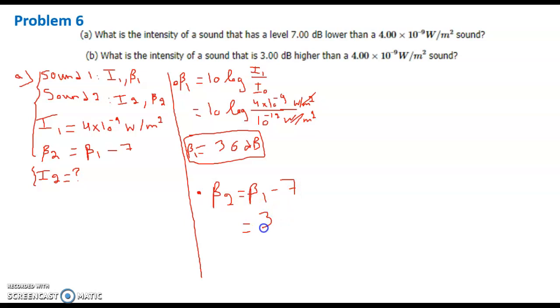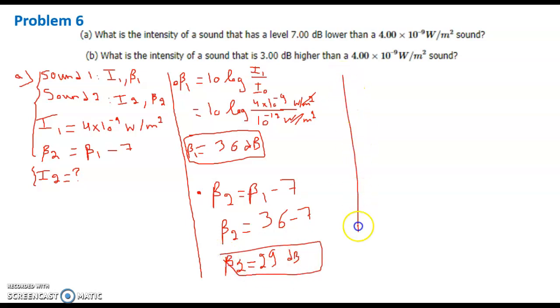So it is 36 minus 7. So beta 2 is equal to 29 decibel. Yes, 29 decibel. So now having beta 2 we can find I2 by applying the formula.